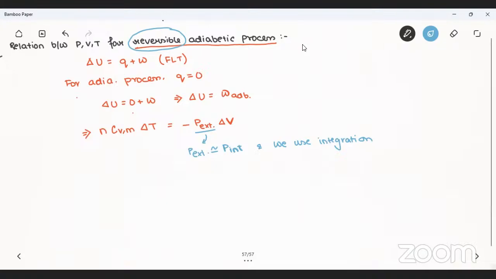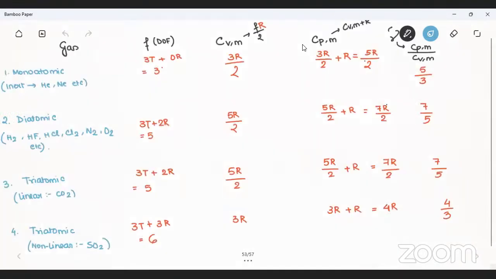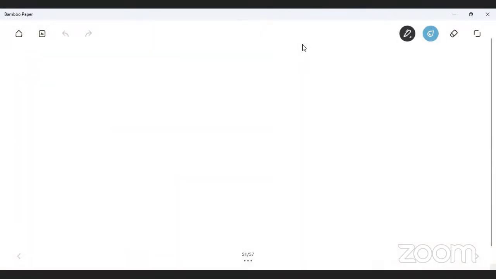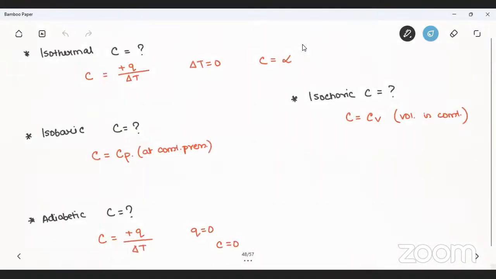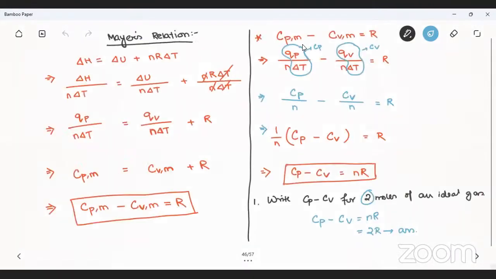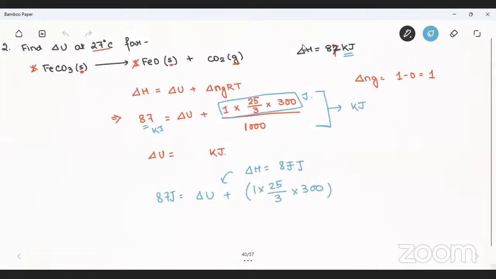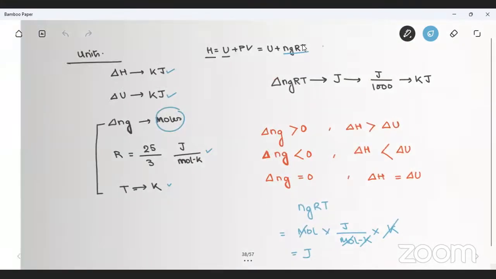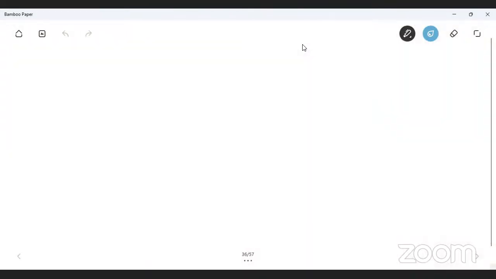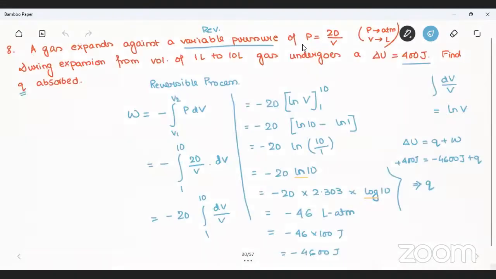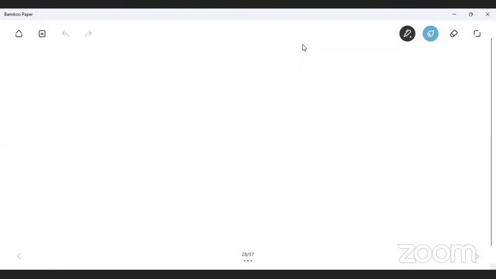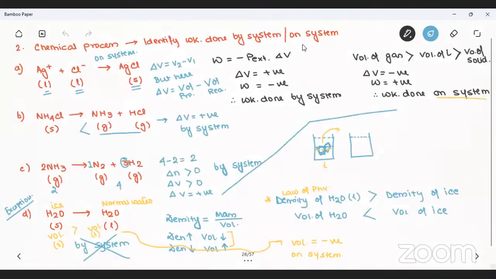Do you remember this thing? It was long back, which I taught you in the class. Yes or no? Did you remember? No, ma'am. Of course you won't. See, this is the reason I tell you to revise. We have done this long back for the reversible system.